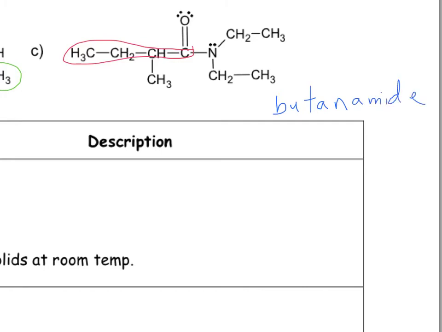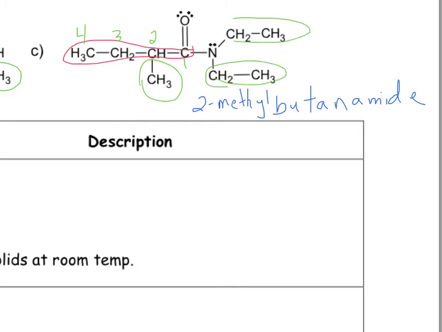I then describe any side chains attached to my parent chain. I number it so that the amide gets the lowest possible number. I include a 2-methyl in my name. Finally, I describe the carbons attached to the other side of the nitrogen.